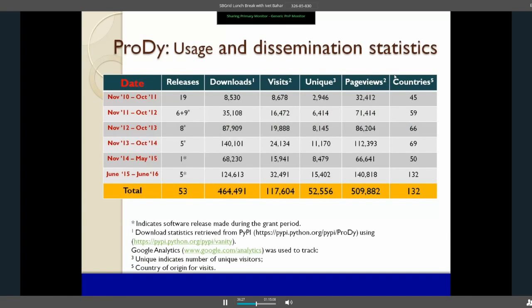Just to give you an idea, the usage and dissemination statistics, you can see that although we just launched the interface in November 2010, in less than 6 years, we have had almost 500,000 downloads or 50,000 unique visitors from all over the world.